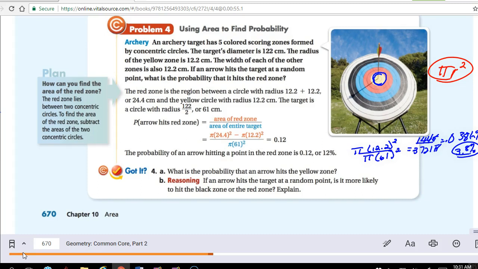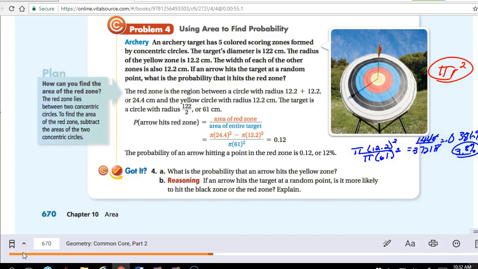Now, the reasoning says if an arrow hits the target at a random point, is it more likely to hit the black zone or the red zone? So is it more likely to hit here, or this little band that goes right around here in the red zone?